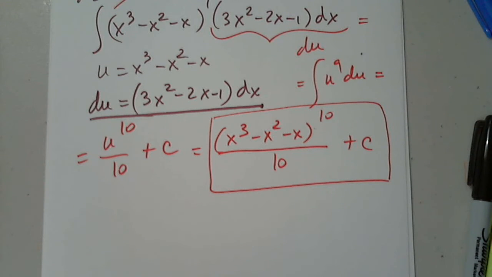So a concert promoter sells X tickets and has a marginal profit. It tells me I'm giving you the derivative. Find the total profit from the sale of the 75th through the 300th ticket. So it's very clear. I have to integrate this function from 75 to 300.